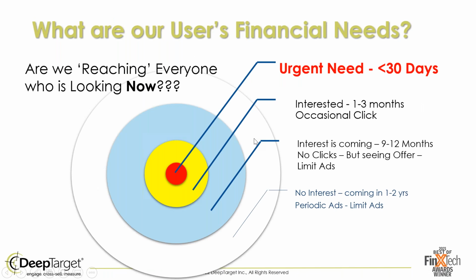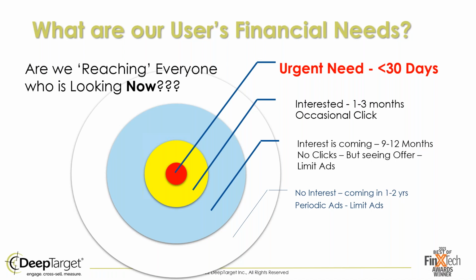Think of it as a bullseye, and the question: are you reaching everyone who's looking now? Because there's a sense of urgency. At any particular time, in any particular month, someone is looking for a particular financial product that you have, and they may not come to you for it unless they know you have it. That's the real trick.